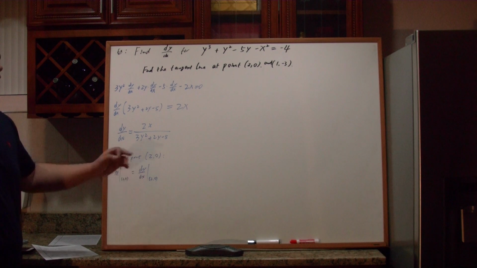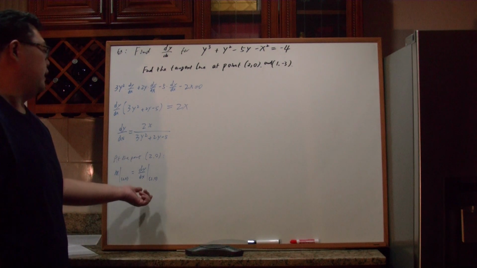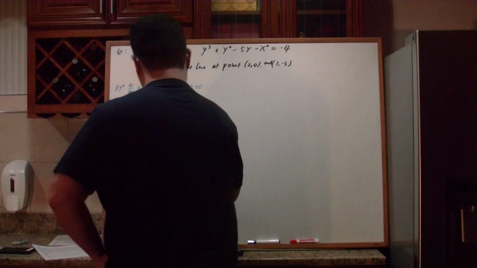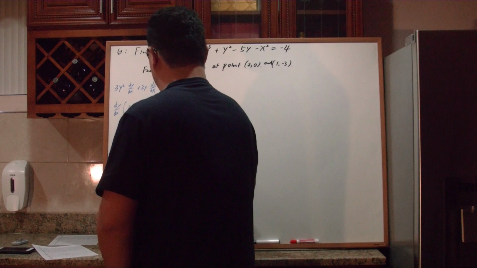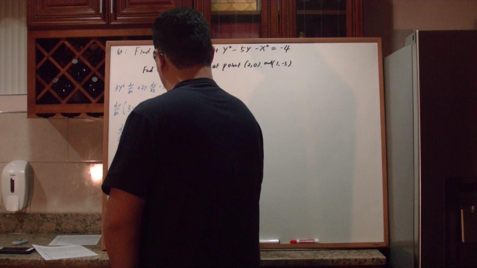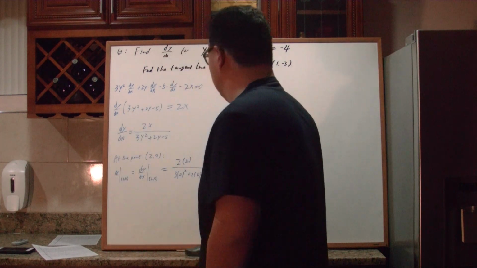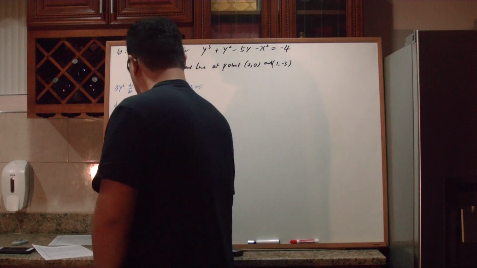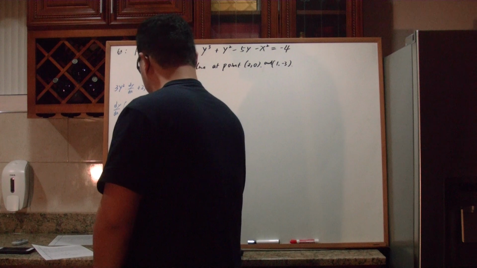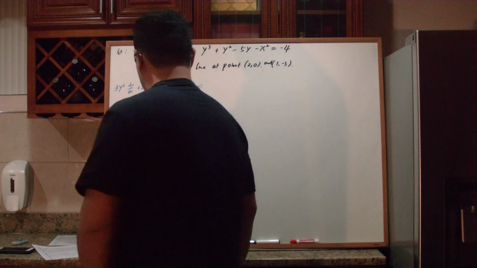That is the slope, the derivative at the given point. So we substitute x equals 2, y equals 0 into the expression, which gives 4 over -5, that is -4/5.